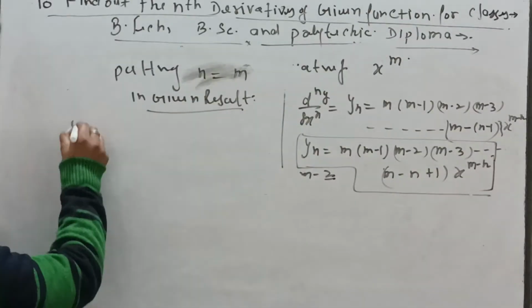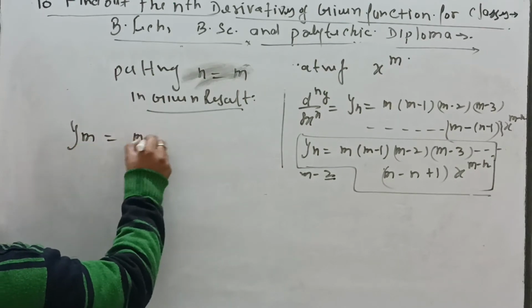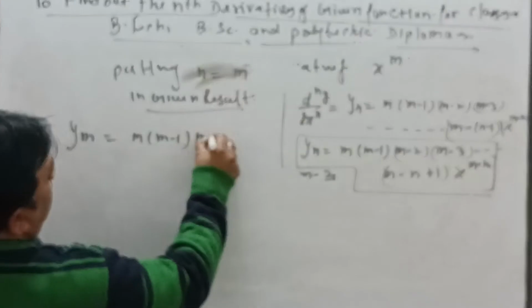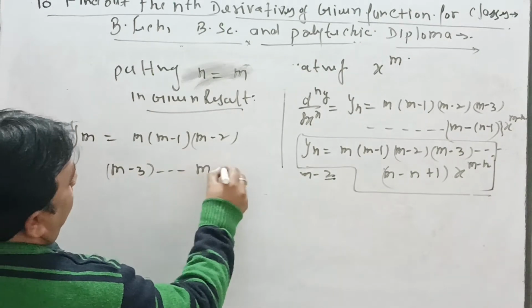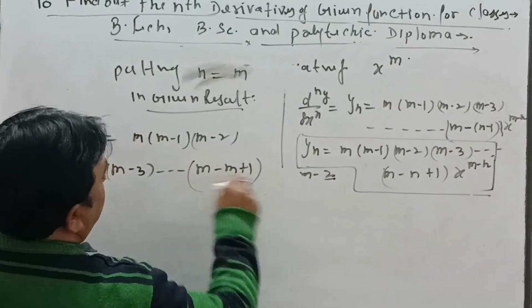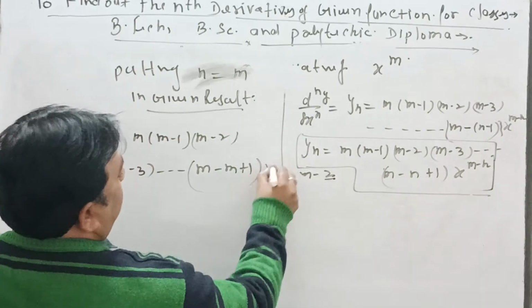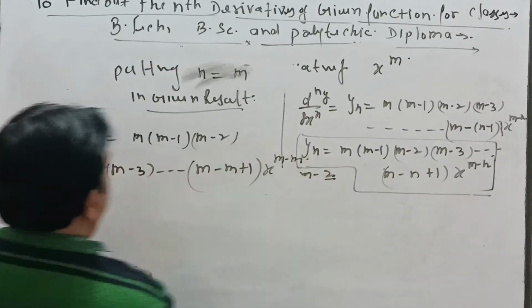So y_m equals m(m-1)(m-2)(m-3) and so on up to (m-m+1), and x^(m-m).